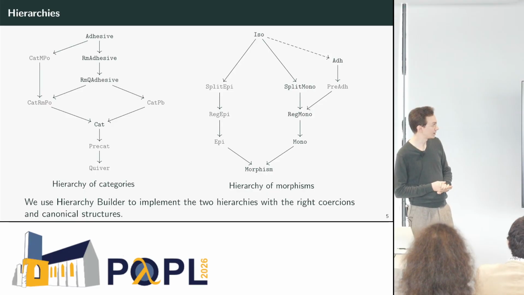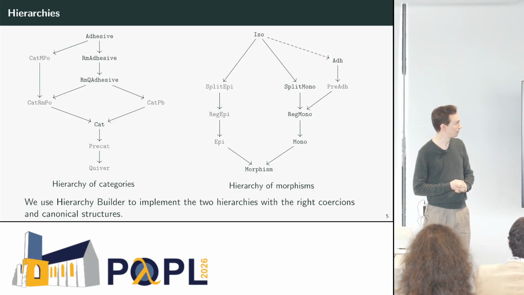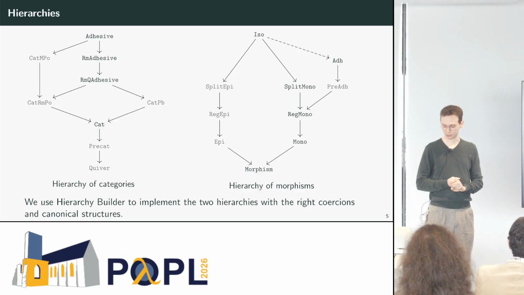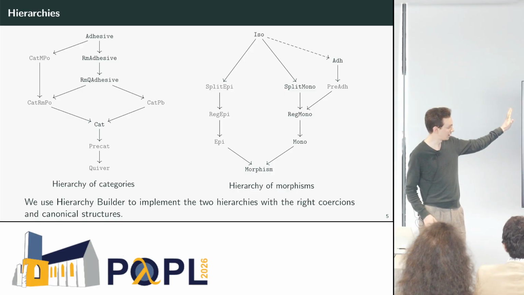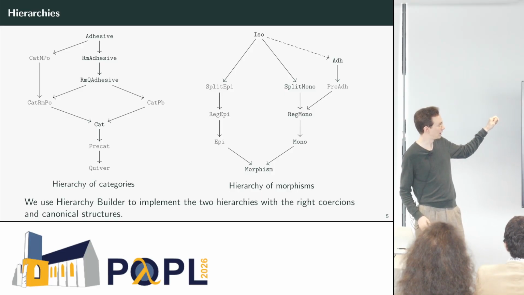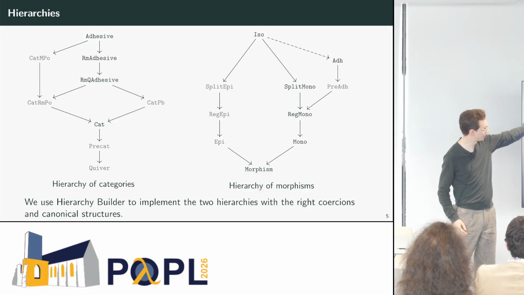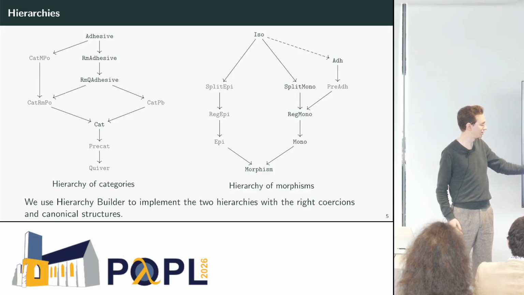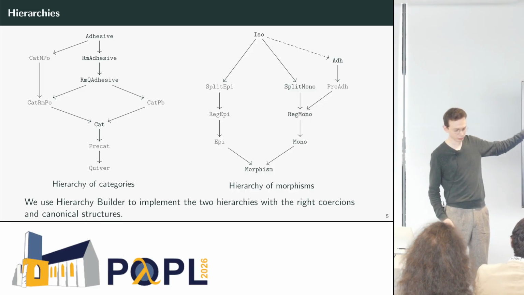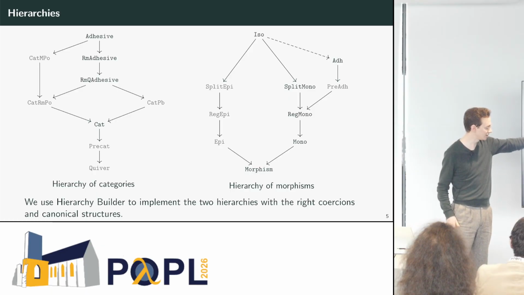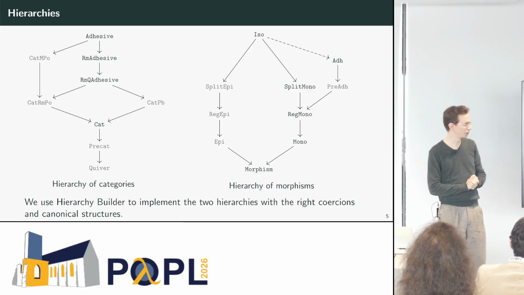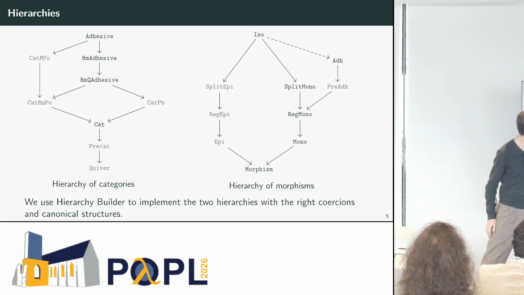So another thing is that our formalization has two hierarchies of notions. On the left, I talked about adhesive, RM quasi-adhesive categories. There are a few additional structures here, but these are the main ones. But we also have a more complicated one, which is the hierarchy of morphisms.